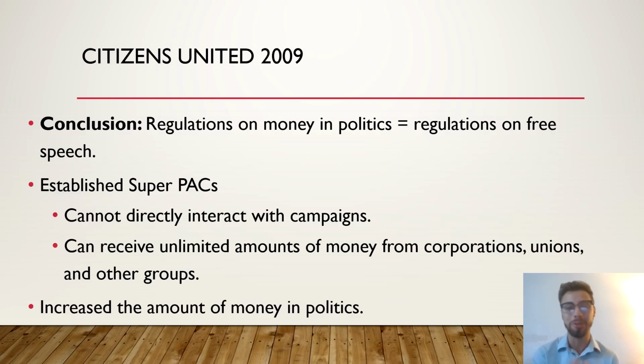So what is the conclusion of this Supreme Court ruling? It is that any regulation on money in politics equates to a regulation on free speech, as I previously mentioned. And as a result, we see the establishment of super political action committees in the United States. Our textbook states, quote, "The main beneficiaries of the new rules were not corporations, but ideological interest groups that were often funded by extremely wealthy individuals," end quote.